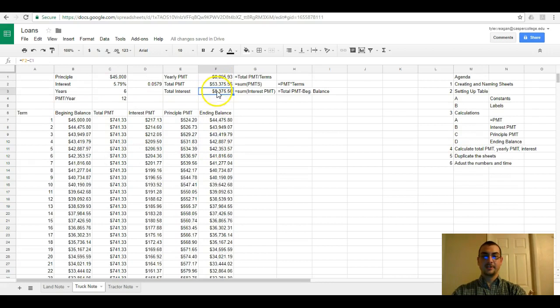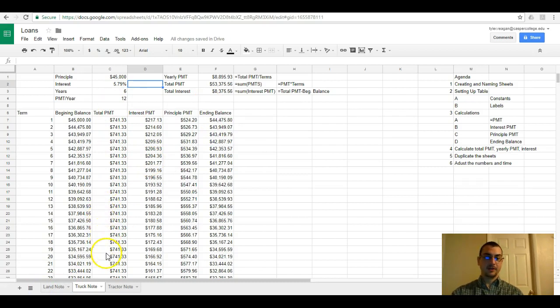And now we see that we pay a total of $53,000 on a $45,000 note. So the interest we wind up paying is equal to the total payment minus the principal on the note. We wind up paying $8,000 in interest over the course of the 6 years on this particular truck.